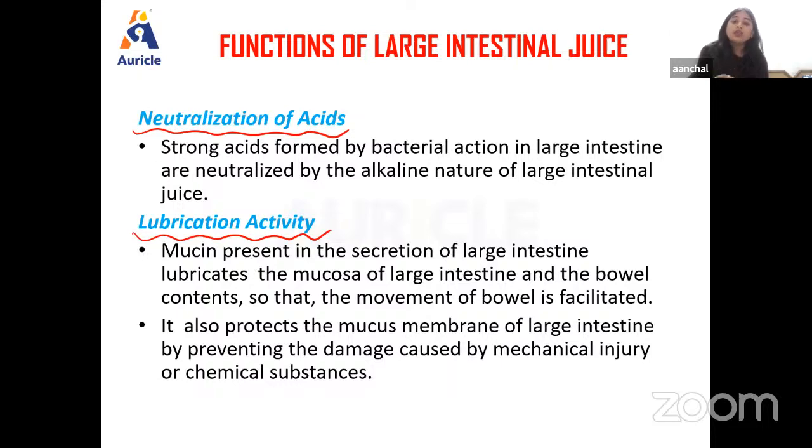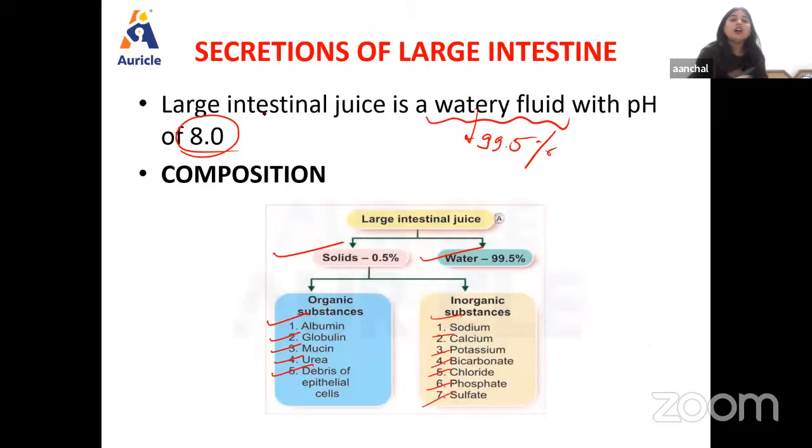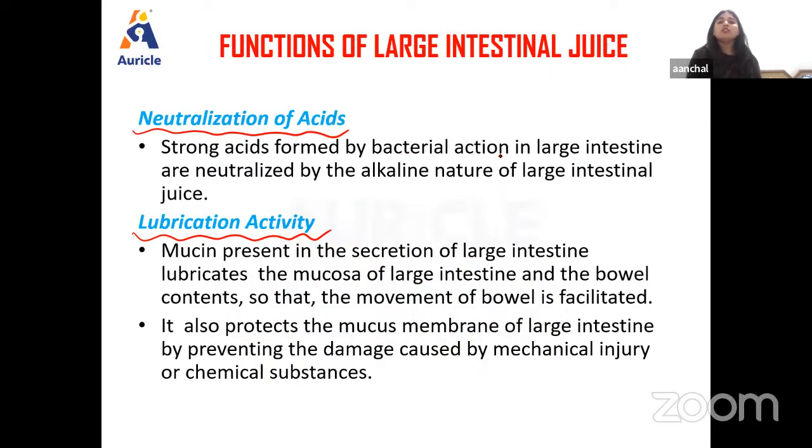As we have seen, the nature of this large intestinal juice is alkaline because its pH is 8. So the strong acids formed by bacterial action in the large intestine are neutralized by the alkaline nature of the large intestinal juice. So this acid formed by the bacteria will get neutralized inside the large intestine. So the first function is clear to all the students.